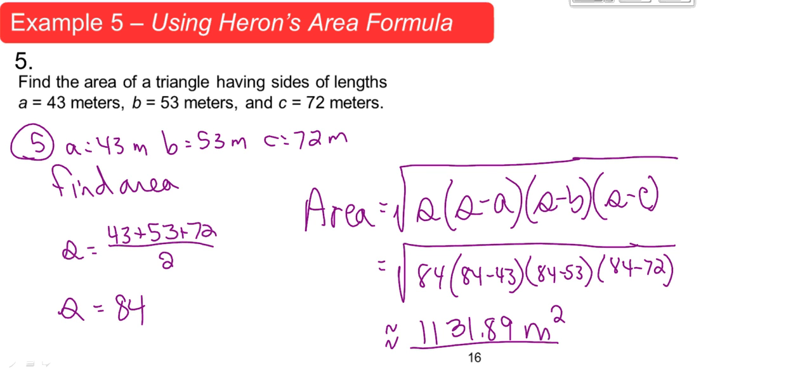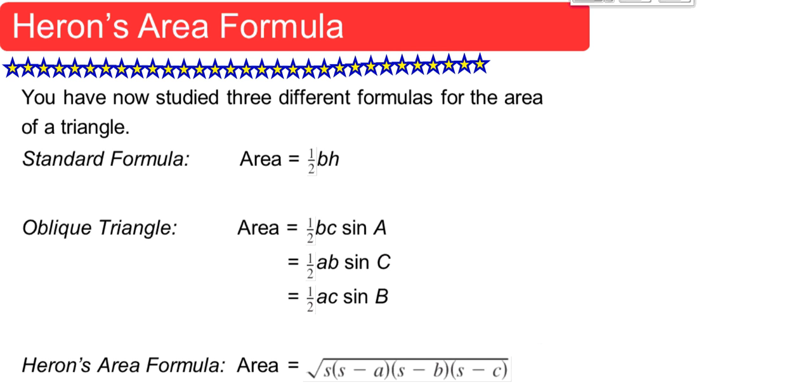So that is Heron's formula for area, so it's pretty straightforward. Really take a moment, write some things down for yourself about this. We now have 3 ways to find areas of triangles. That old standard way you probably learned in junior high or at some point much earlier in mathematics.